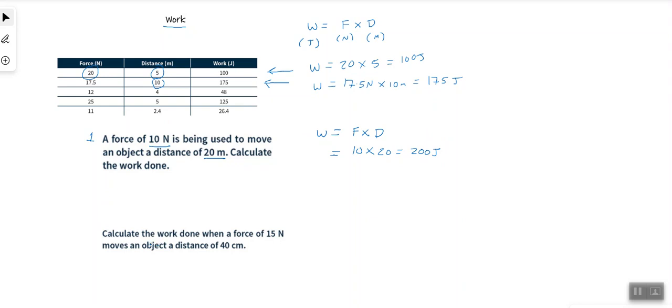The second one then is calculate the work done when a force of 15 newtons moves an object a distance of 40 centimeters. With this one, we need to take the centimeters and convert it to meters. Again, we write down our formula. Work is equal to force multiplied by distance.